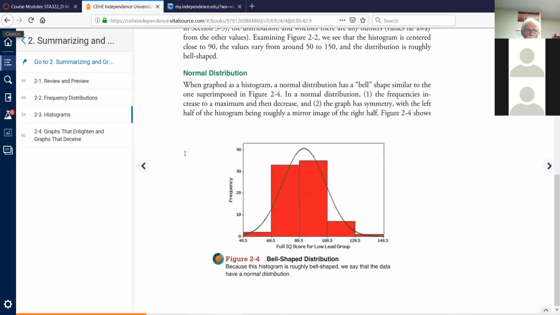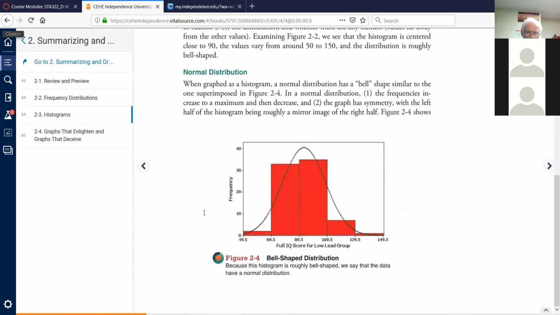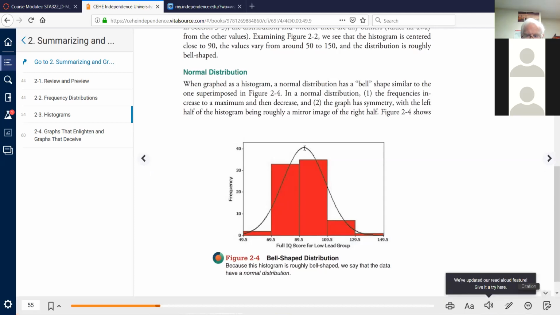So let's take a look at this normal distribution. We talked about the bell curve. If we then do a little computer programming to calculate where these things start and make this a smooth curve, which it pretty much is, we find that the highest frequency occurs at the beginning of this particular class.